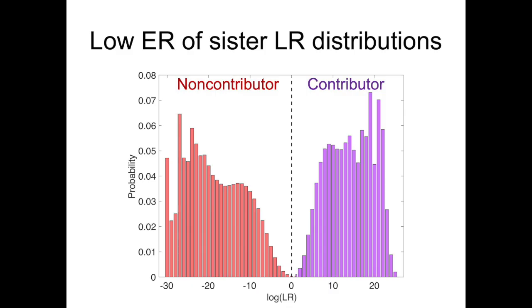Whatever statements we made about 100 match statistics, and here we're looking at a trillion, because the non-contributor distribution goes to zero vertically as you hit zero log LR horizontally, the error rate's so low that you can believe the contributor results.